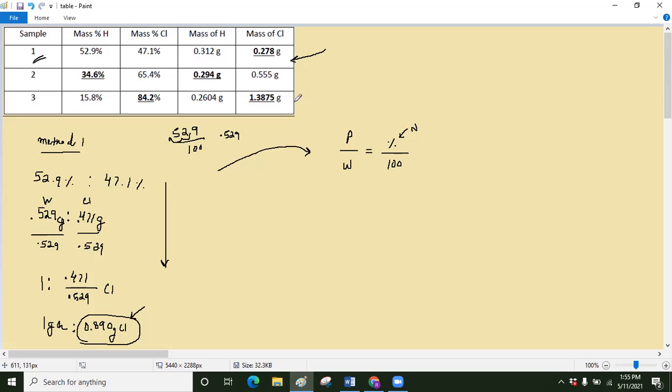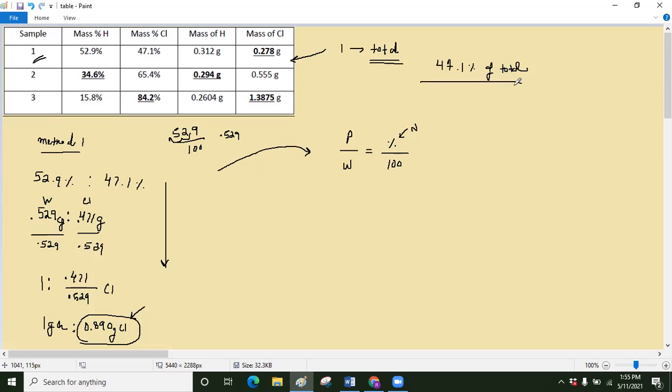So if you were to find out the total first, you know that 47.1% of that total is chlorine, right? And so if you had the total, you could just ask yourself, okay, what is 47.1% of the total?